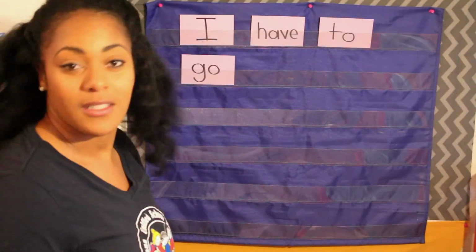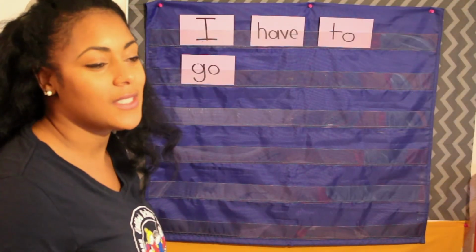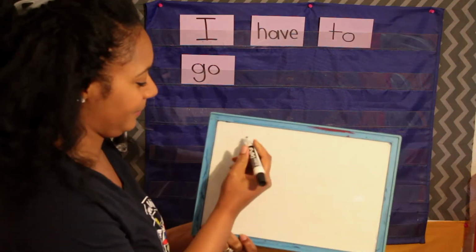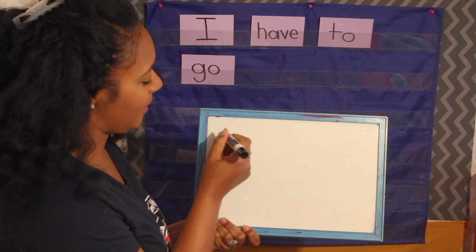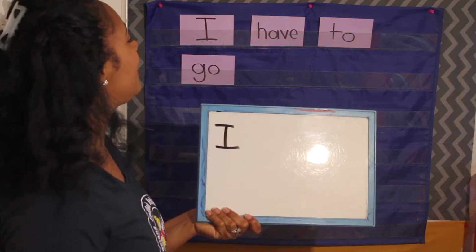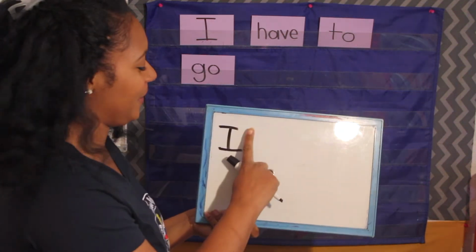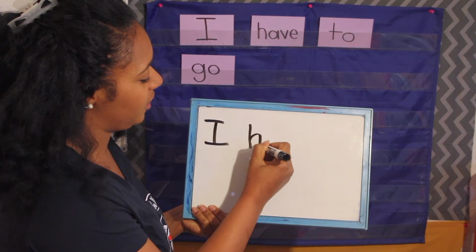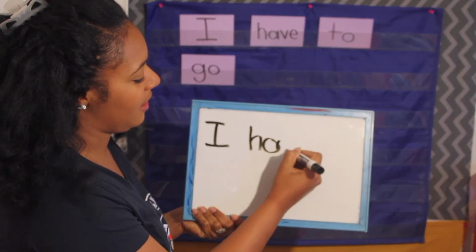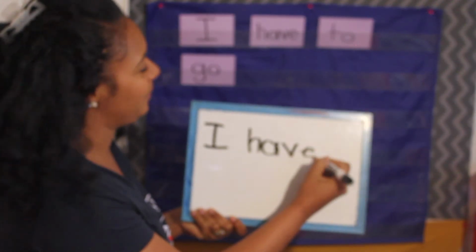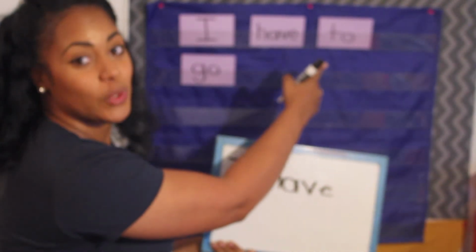Let's write that down. Now this sentence has quite a few words. Let's try to fit it all on our page. Our first word is I. I. Next is have. Finger space, have. H, A, V, E. I have to.